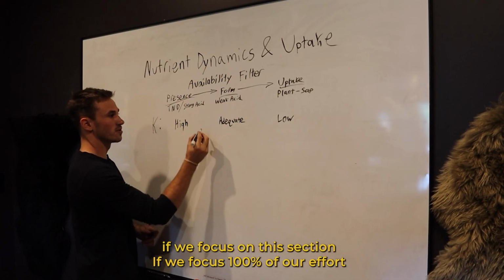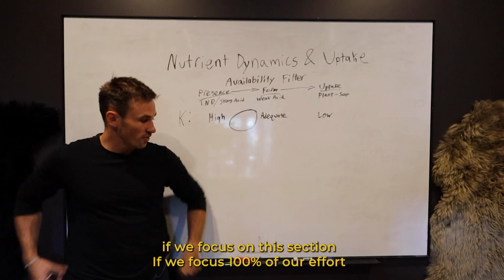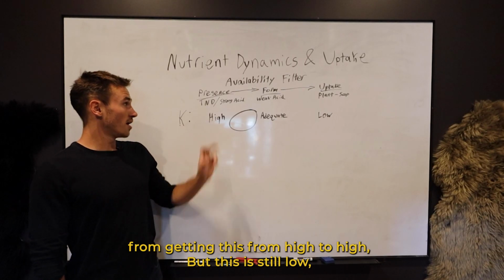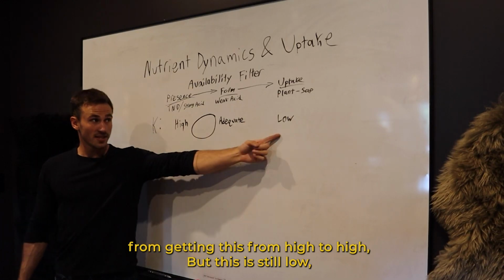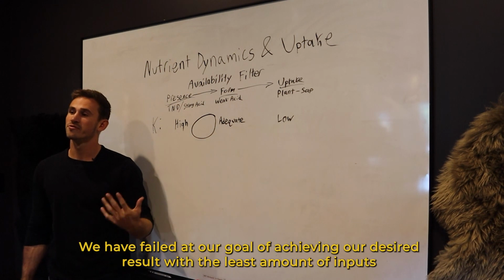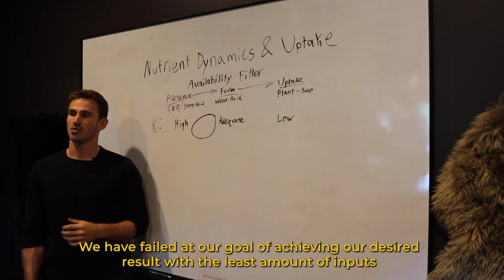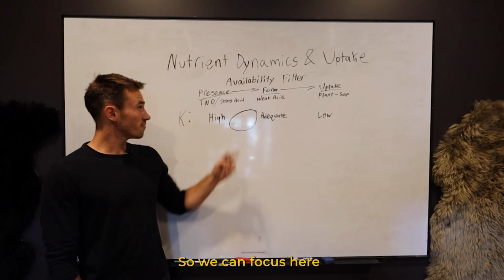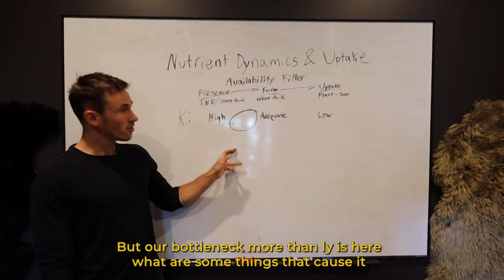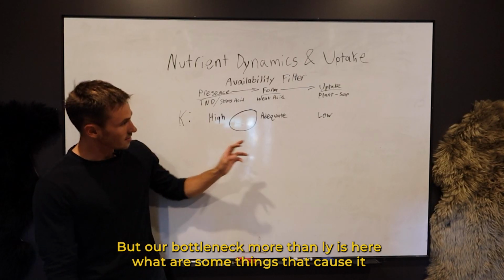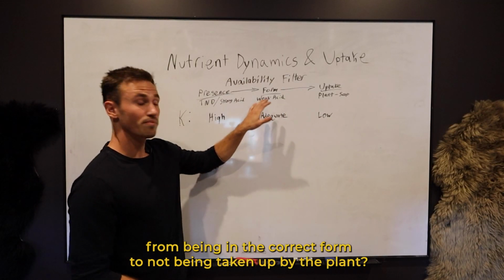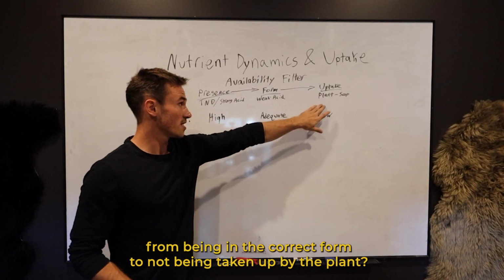If we focus 100% of our effort on getting this from high to high, but this is still low, right? We have failed at our goal of achieving our desired result with the least amount of inputs. So we can focus here, but our bottleneck more than likely is here. What are some things that cause it from being in the correct form to not being taken up by the plant?